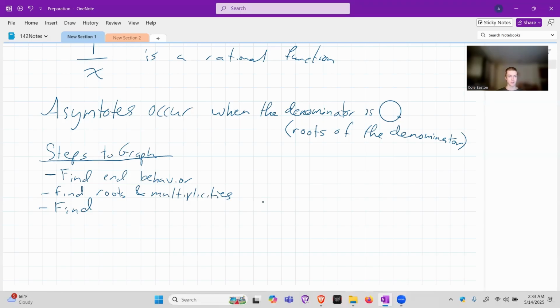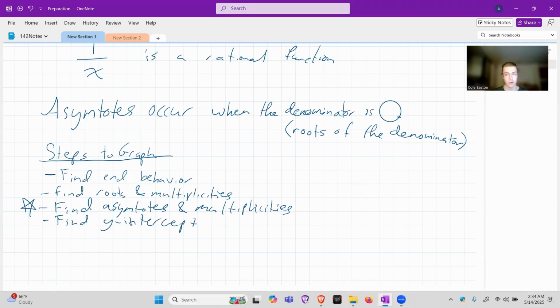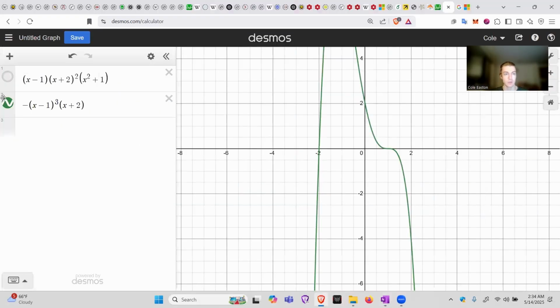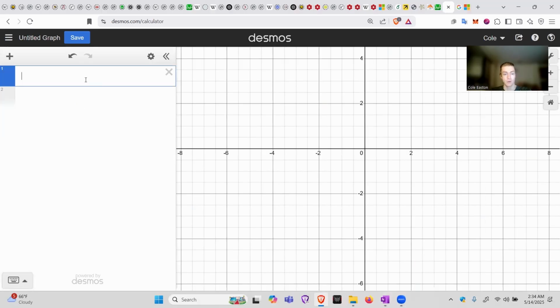Now this is the new step that's not included in graphing polynomials: find asymptotes and multiplicities. And our final step, just like before, is find the y-intercept. Honestly, finding the y-intercept is probably the least important of these steps, but it does give us a little bit more information. Okay, let's go to Desmos because there's some more things that we need to think about in terms of end behavior when we have rational functions.